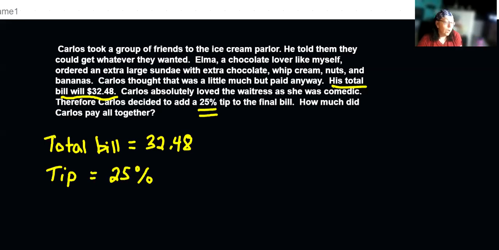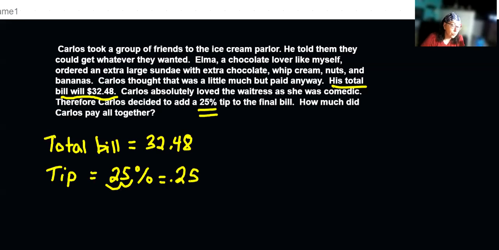Well, we got to look at what 25% is as a decimal. I'm going to show you an easy way to do this. So 25% as a decimal. Remember, to change it to a decimal, we just got to move the decimal back 2 places. If there's no decimal in the problem, it's at the end. So 25%, the decimal's at the end. We move it back, it's 0.25.